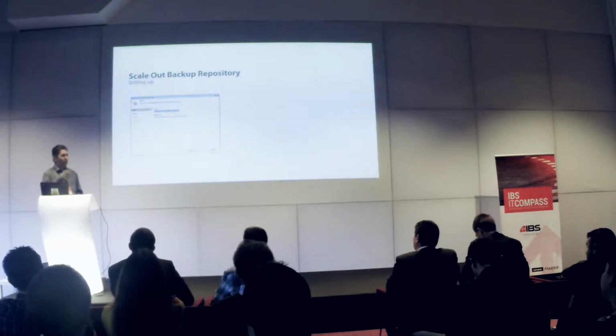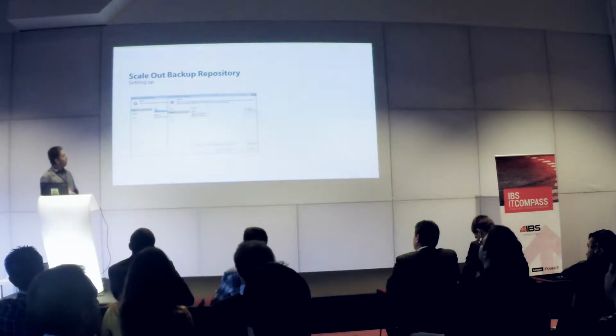So you just have to say a new scale-out backup repository, then you have to give it a name. It shows you the extents that are available. That's basically a traditional repository, like you have them in version 8. So you can pick one of these, and it has advanced settings here, and that's the property, if you want, for the scale-out backup repository.